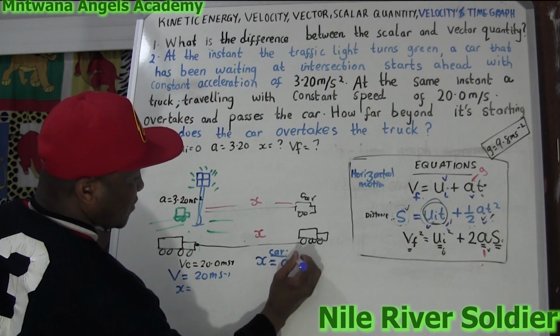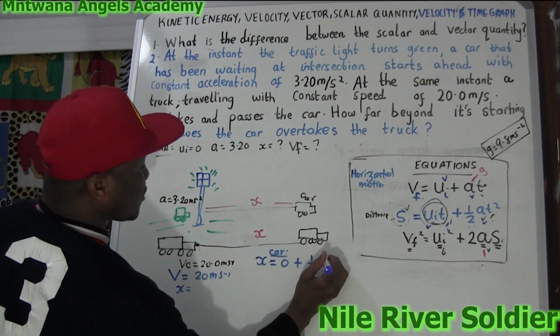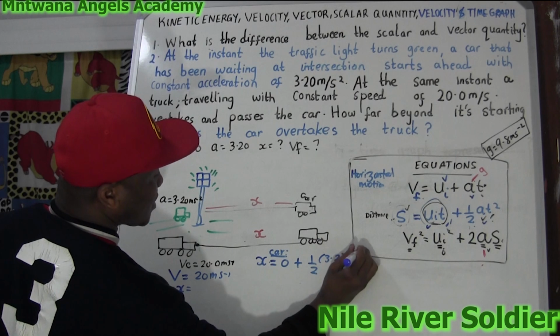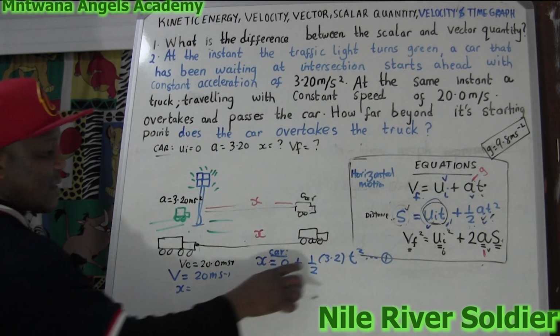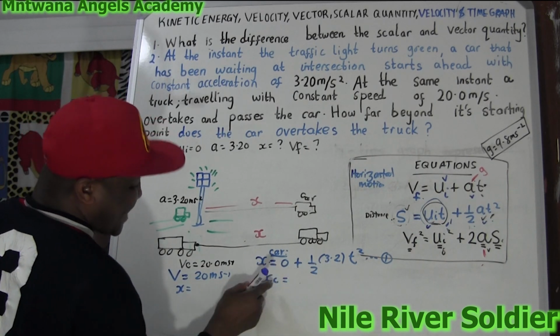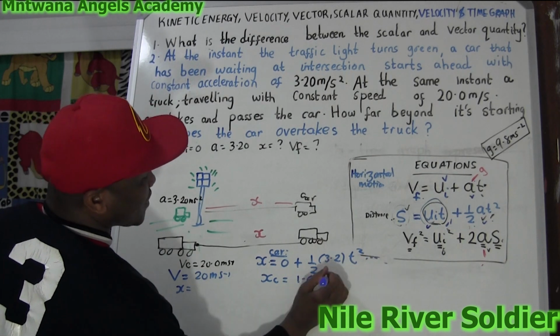So I can say 0 plus a half, acceleration I have 3.2, times the time taken for the car, which we don't have, squared. 3.2 divided by 2 equals 1.6. So distance covered by the car equals 1.6 t squared. Let's call this the first equation.